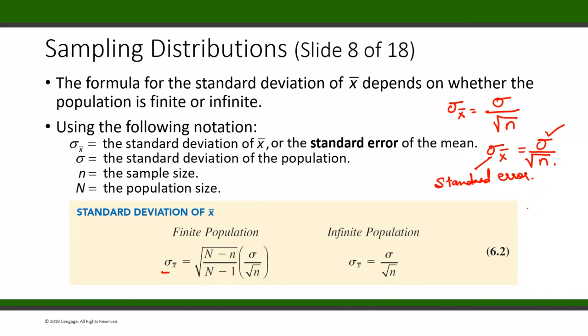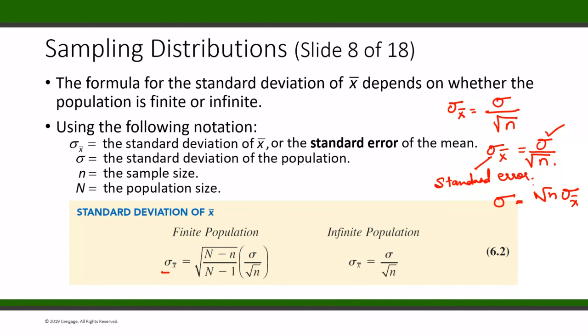So if someone gives me a sample standard deviation and asks what the population standard deviation is, I can simply say sigma equals root n times the standard error of X bar.